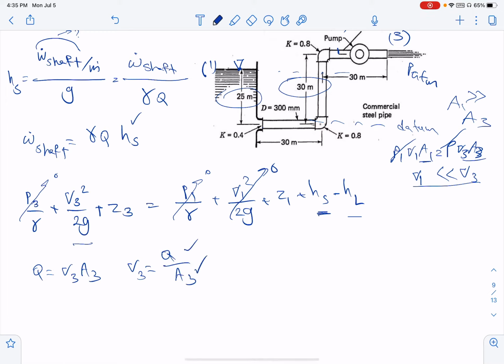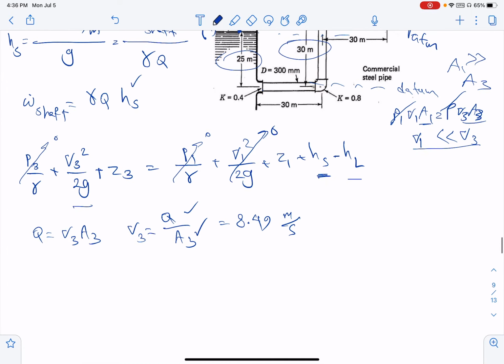We know A and we know Q, so V3 is going to be equal to 8.49 meters per second. Now we know V3, we know Z3, we know Z1, and now let's solve for HL.